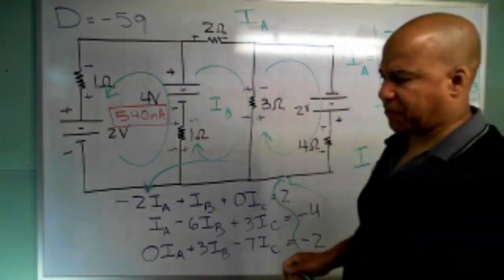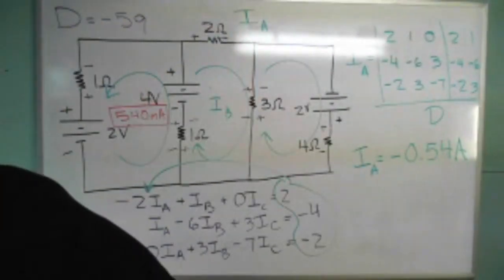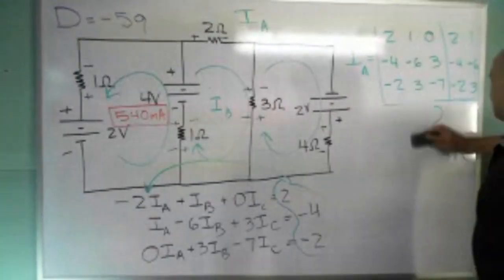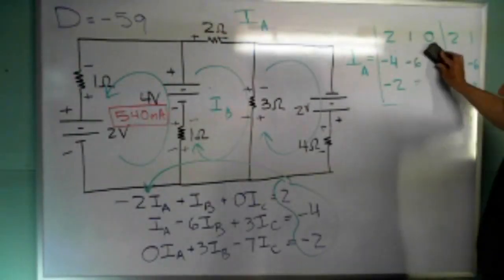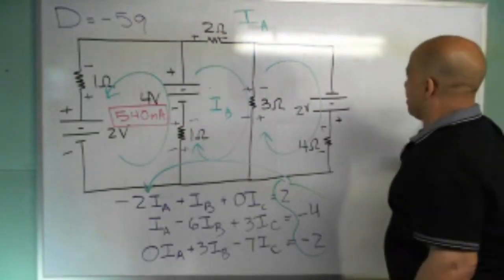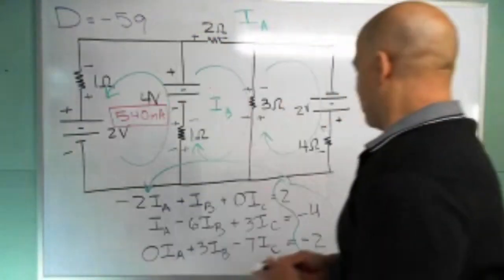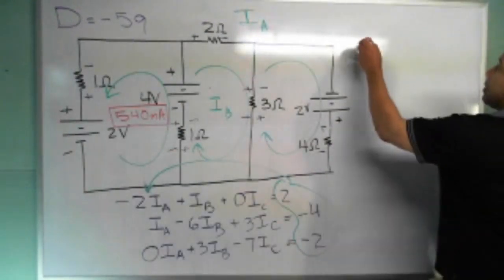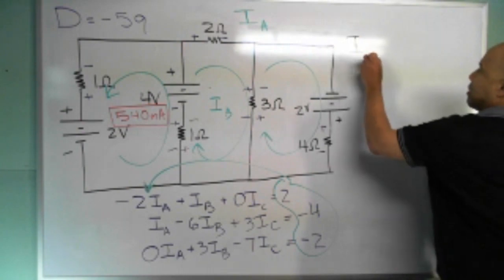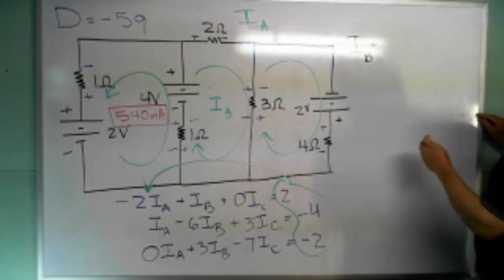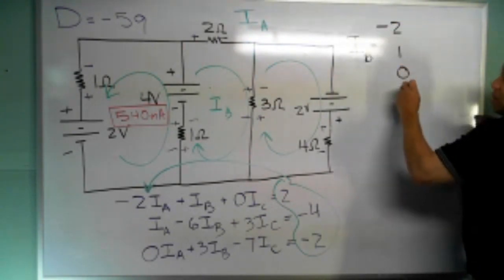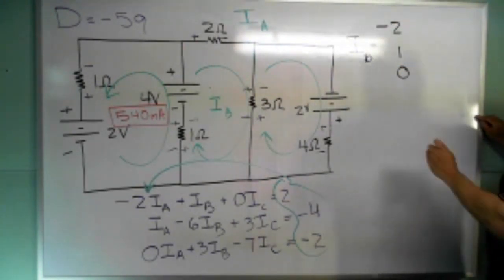And then we'll see what you get for IB. All right, so for IB, I got a -2, a 1, and a 0. I got a 2, a -4, -2.